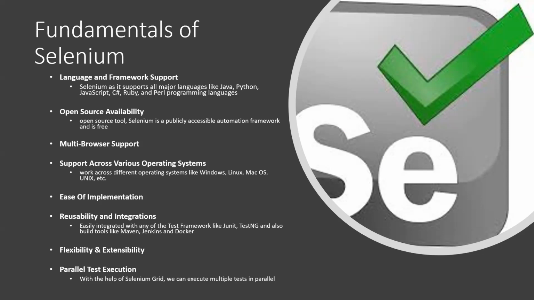Reusability and integration. I already told you about reusability. When you use any development language like Java, C Sharp, or even Python, it inherits all those features of the language with your Selenium tool. All the powerful features are with the Selenium tool.